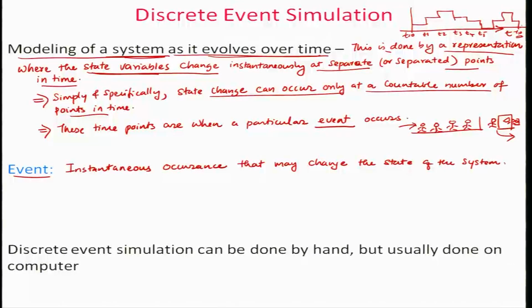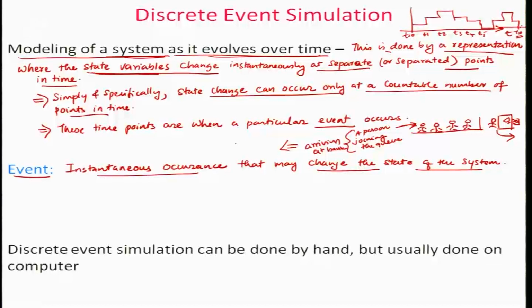Okay. So, what we are talking about here is, an event is an instantaneous occurrence that changes the state of the system. So, when I said a person arriving, a person joining the queue, which in another way we can think about it as arriving at the bank, this is one particular instant, that is an event.